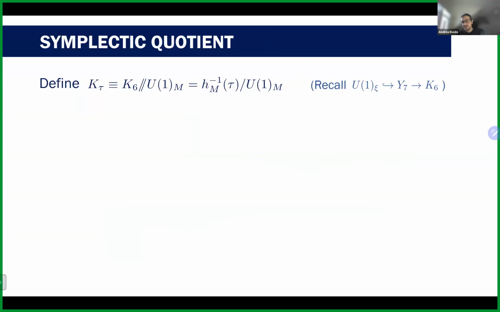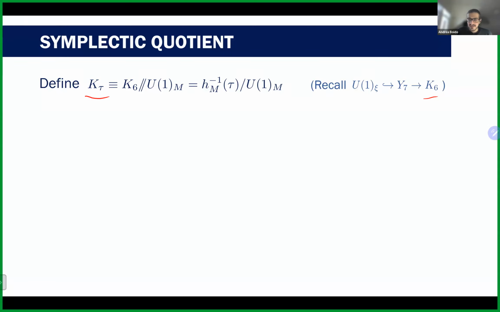So I need to introduce this new space. I told you that Y7 can essentially be seen as a U1 factor and then a Kähler 6-dimensional space. So you can introduce this new space K tau, which is defined as a symplectic quotient of K6 by the M theory circle action.